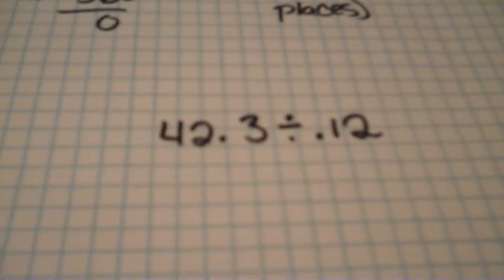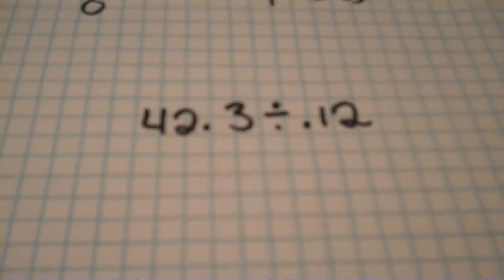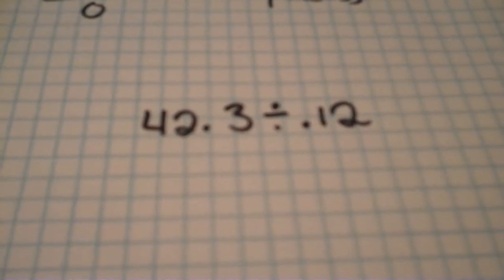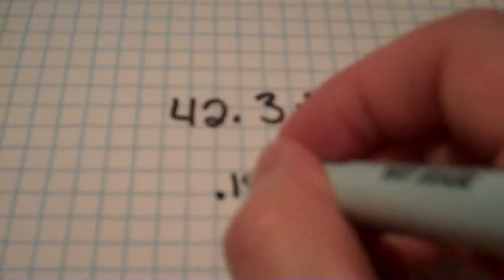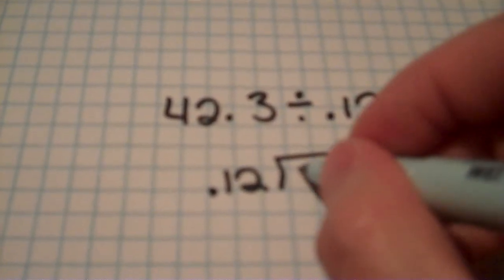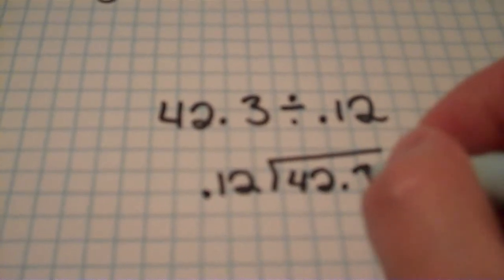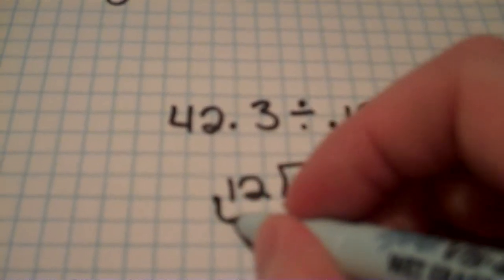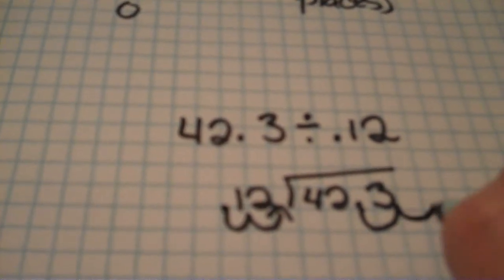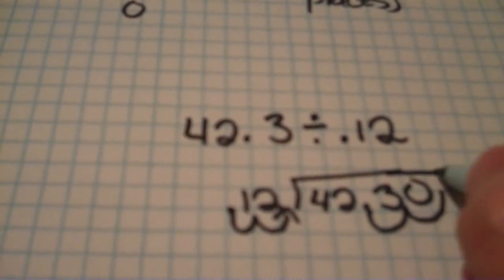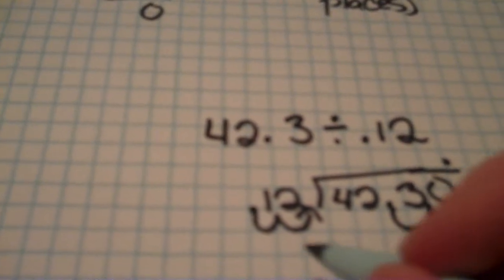Pause me for just a second, see if you can figure it out. We took 12 hundredths and divided it into 42 and 3 tenths. I need to move my decimal point 2 places out, and 2 places in, and I need to add a 0. If you added a 0, good job.